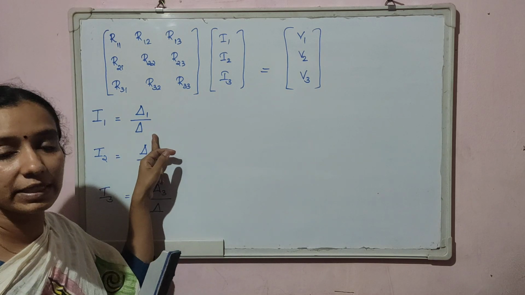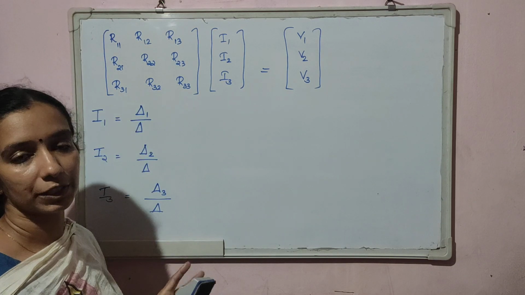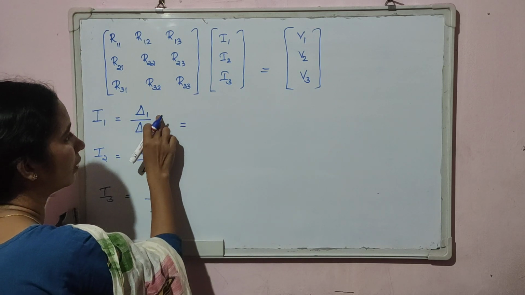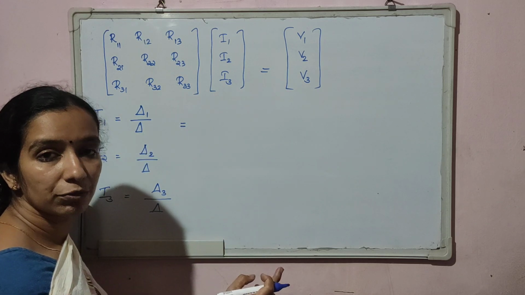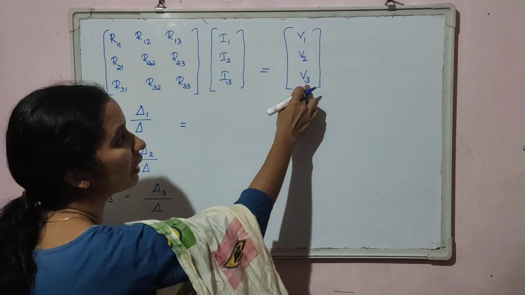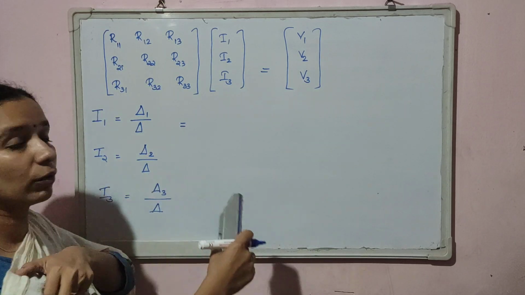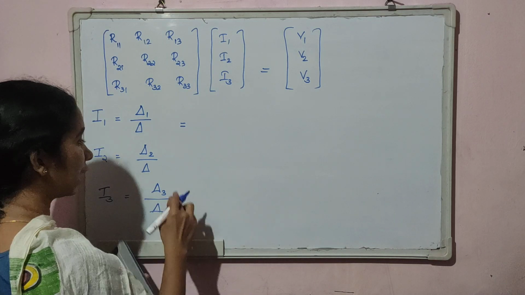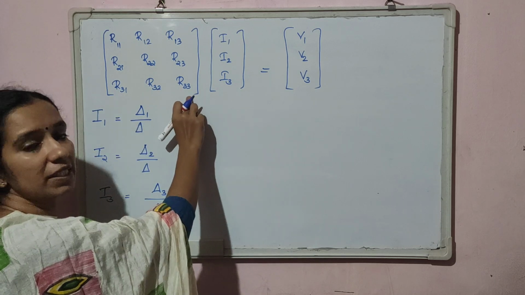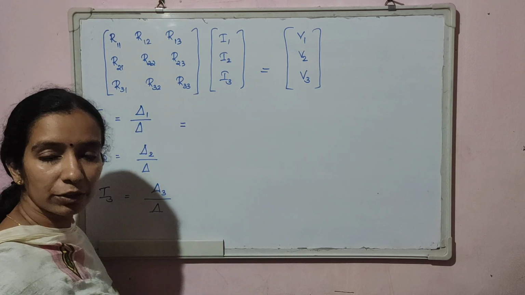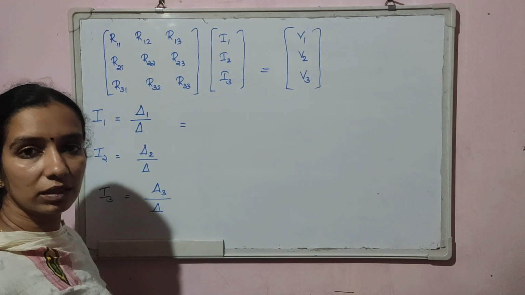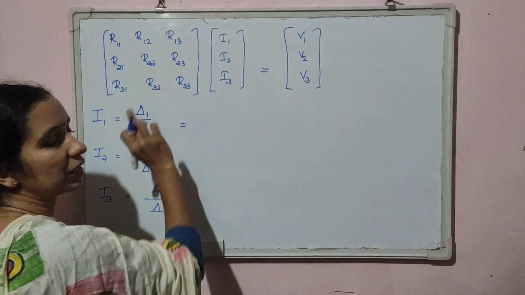We know delta is the determinant of the resistance matrix, and delta 1 is the determinant of the matrix obtained by replacing the first column of the resistance matrix by the voltage matrix.